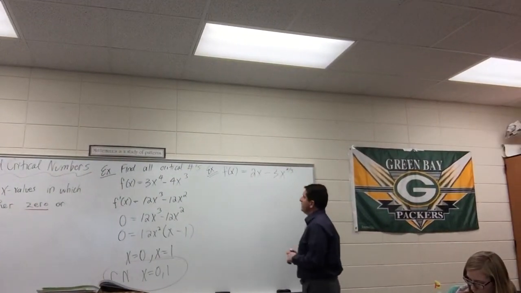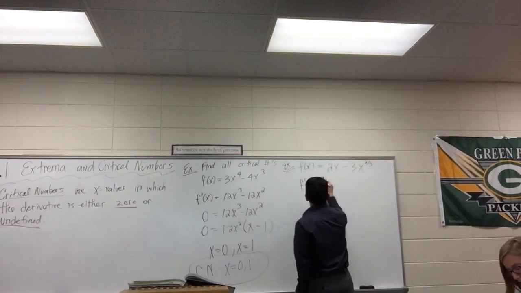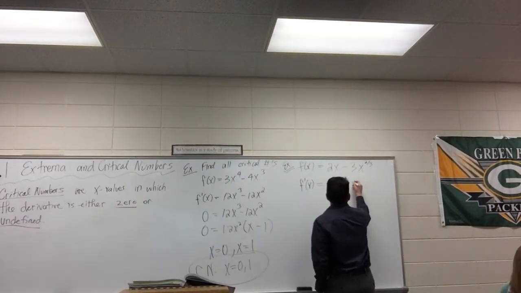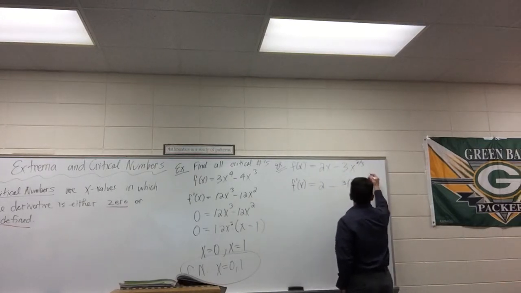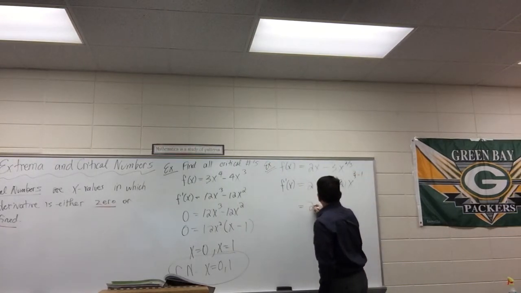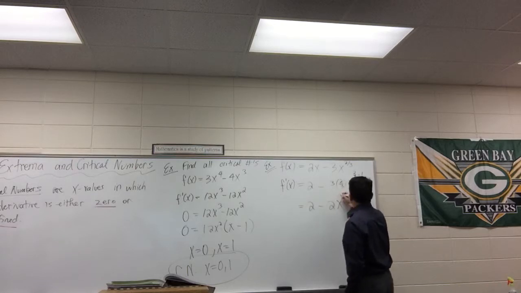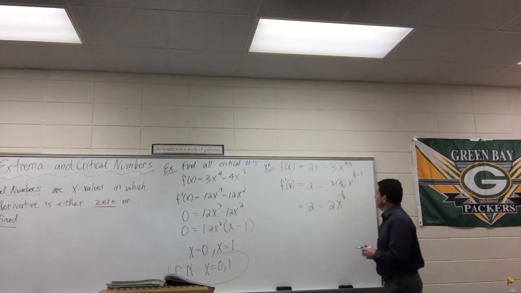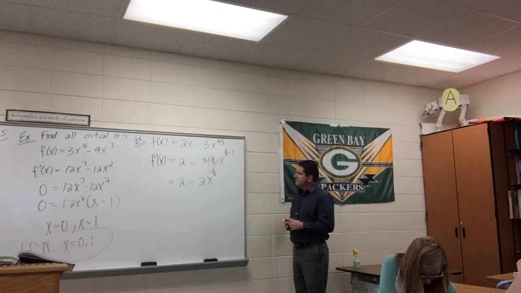Okay, so we got to find the derivative. Two-thirds minus 1 is negative 1/3.